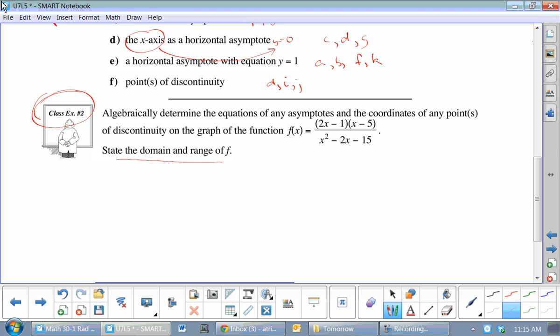Now, the first thing that I would do, I would factor the bottom, because I'd want to see if there's any points of discontinuity. And I know that because it canceled. Now, look how nice. Top was factored already. I have to admit, I would not be that nice on a test, okay? I'd make you factor the top and the bottom. So this one, I would factor the top and I'd factor the bottom. What would it be?